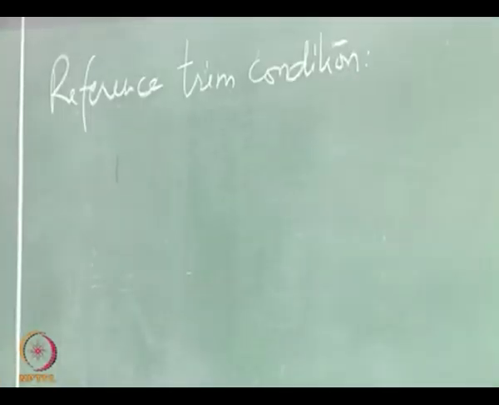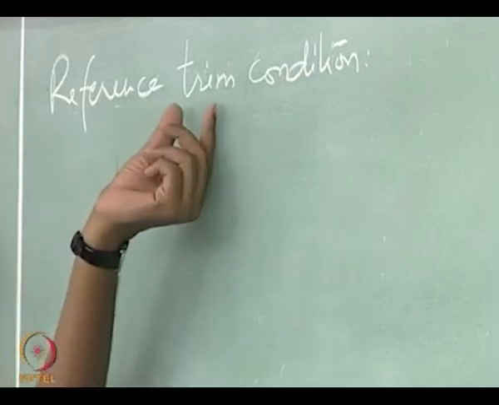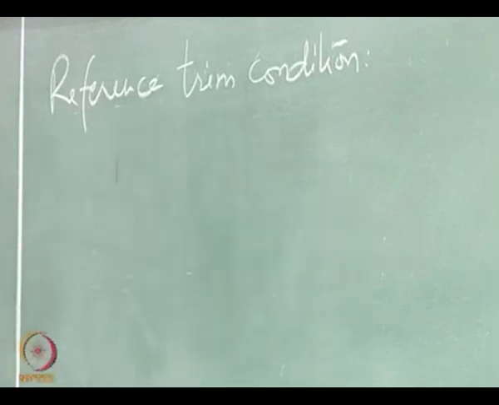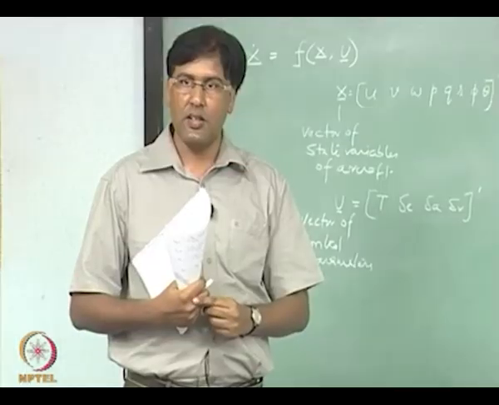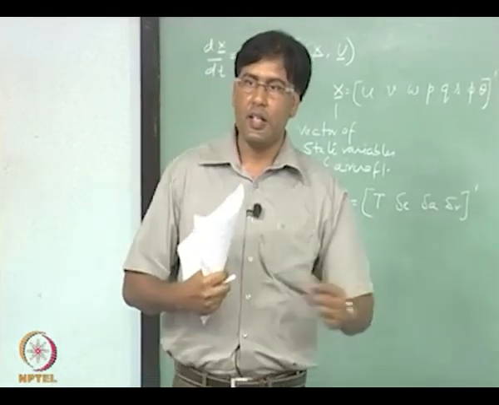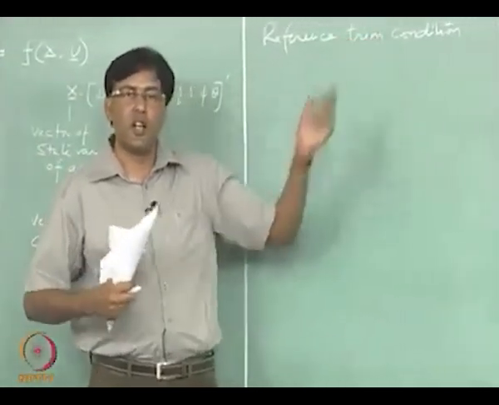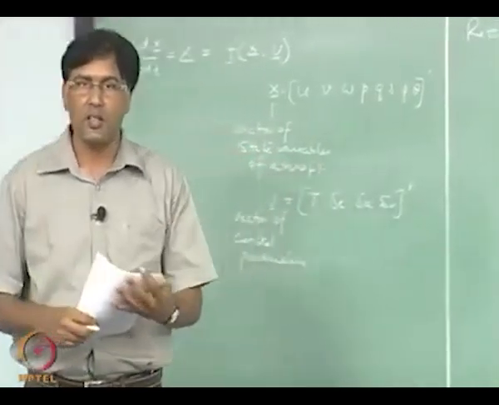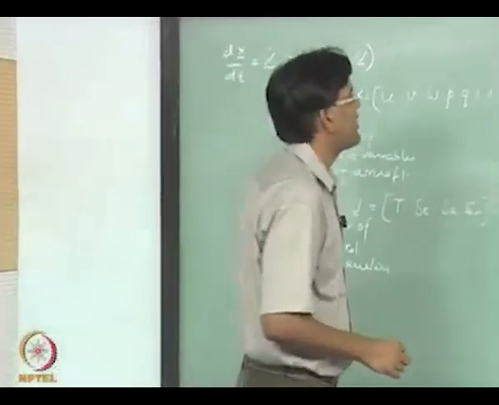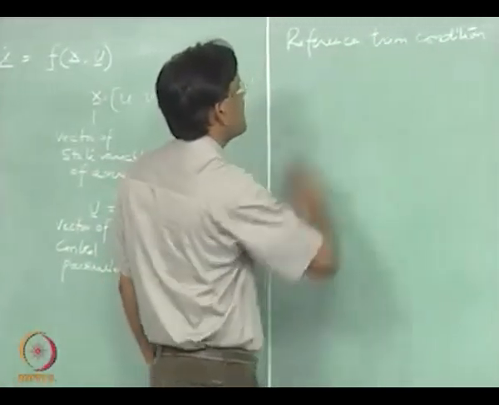Trim or equilibrium, sometimes people get confused with this because trim is related to locking your control surfaces, isn't it. So, in a general sense people do not like to use trim for equilibrium condition, but for aircraft it is a valid word.